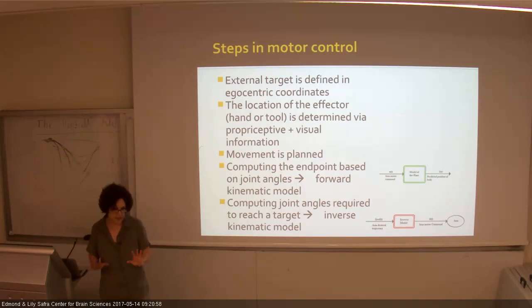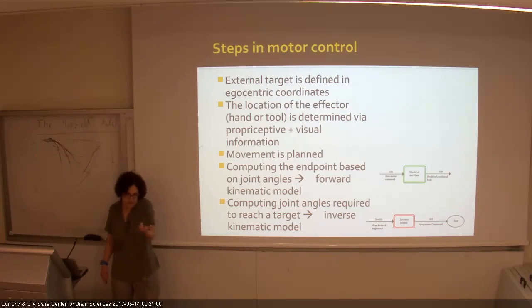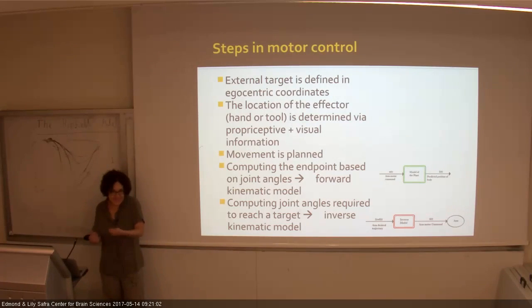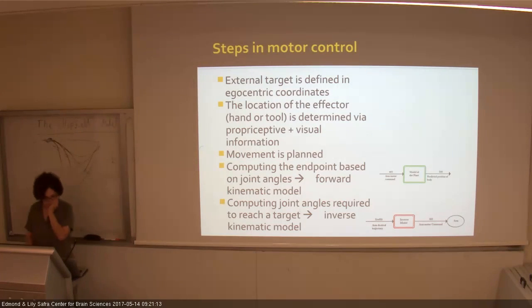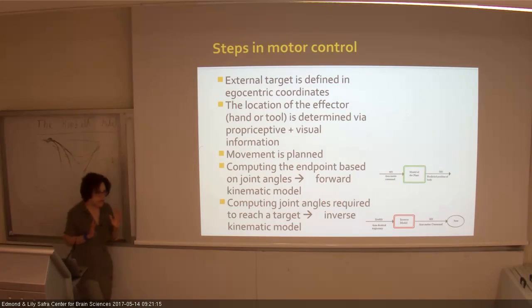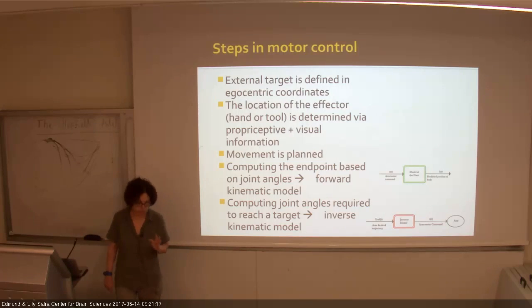We'll talk about it a little bit later, but it's a good point. There is some kind of contradiction between what we know from the normal state and what happens when the system is injured.